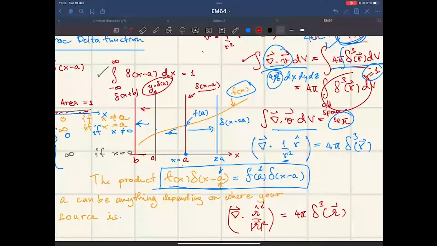Okay. And if you consider our work here, if you remember, what is this script r here? It is the separation vector. Recall that, all right, this r is equal to r minus r prime.